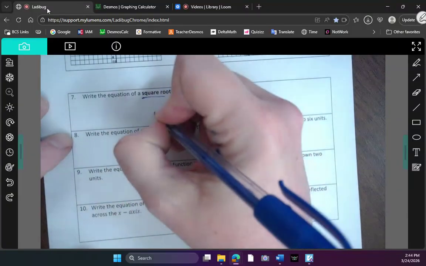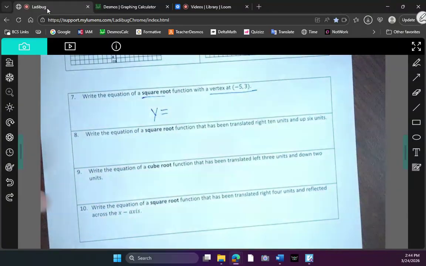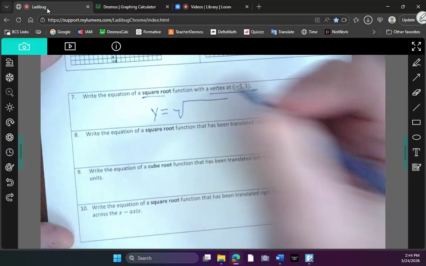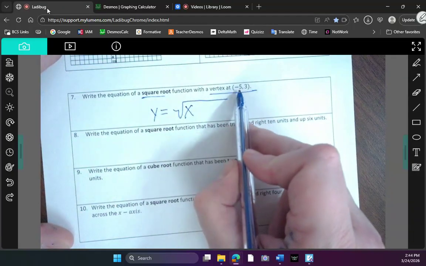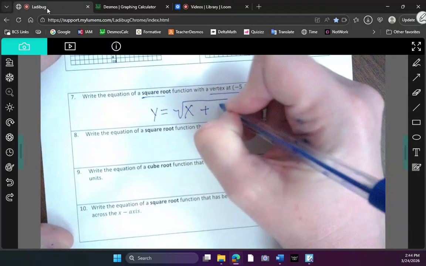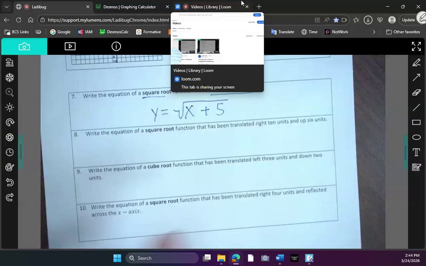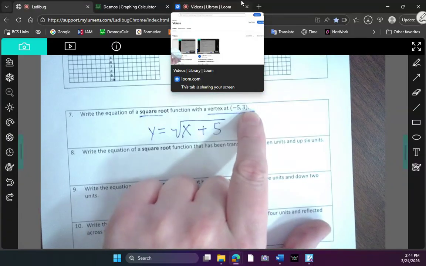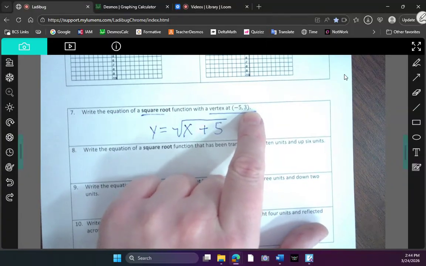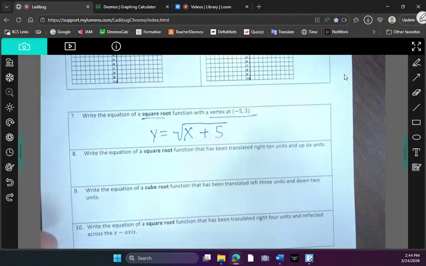So we got y equals, or you could say f of x equals the square root of x plus 5, because the opposite of -5 is +5. And then your vertical translation is a 3. So outside of the square root, we have a +3.